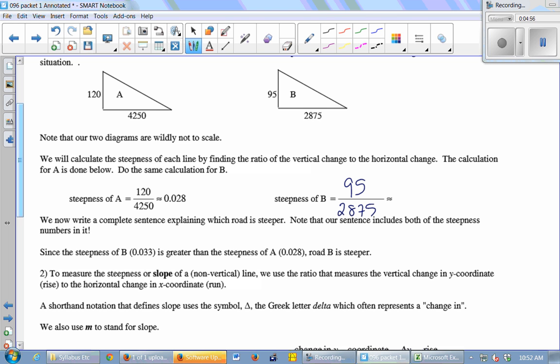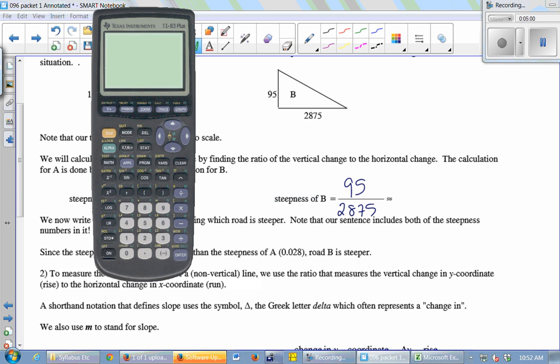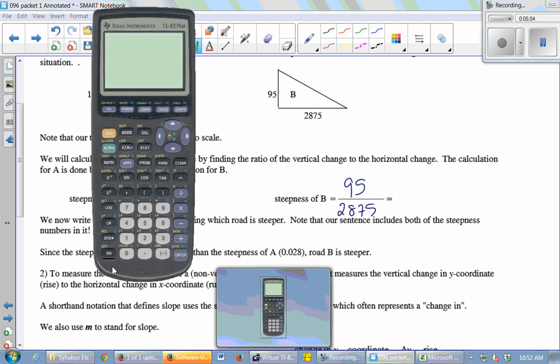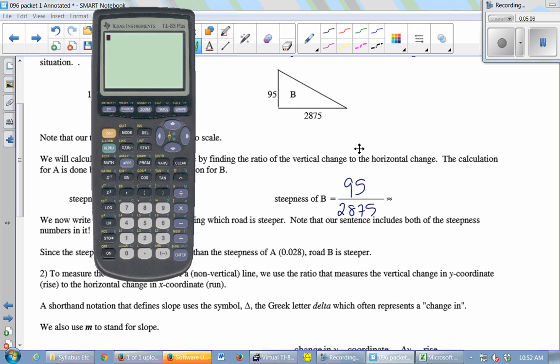A fraction bar is just a division symbol. So we pull up a calculator. I'm just going to demonstrate 95 divided by 2,875, and we get 0.033.